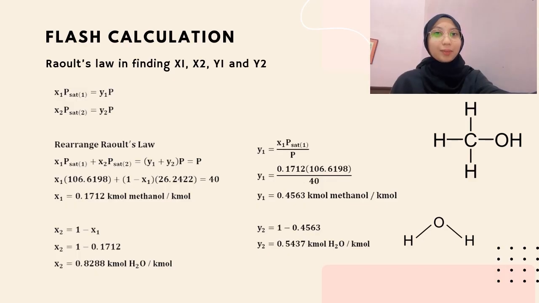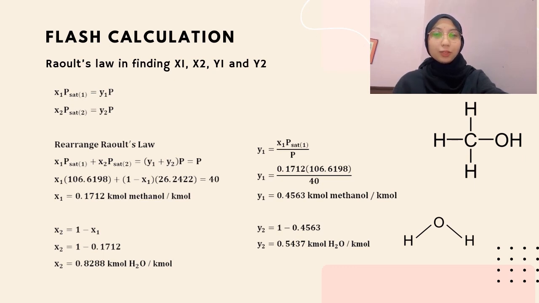Assalamualaikum and hi, my name is Sabrina and I will continue with the flash calculation. In flash calculation, we need to calculate the moles of liquid L, moles of vapor V, liquid phase mole fractions X1 and X2, and lastly vapor phase mole fractions Y1 and Y2.